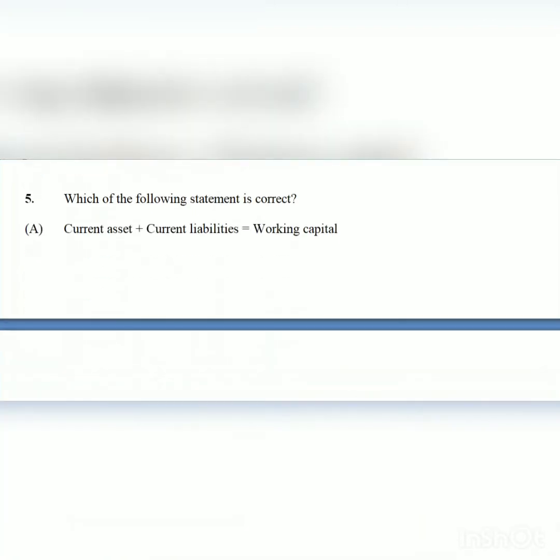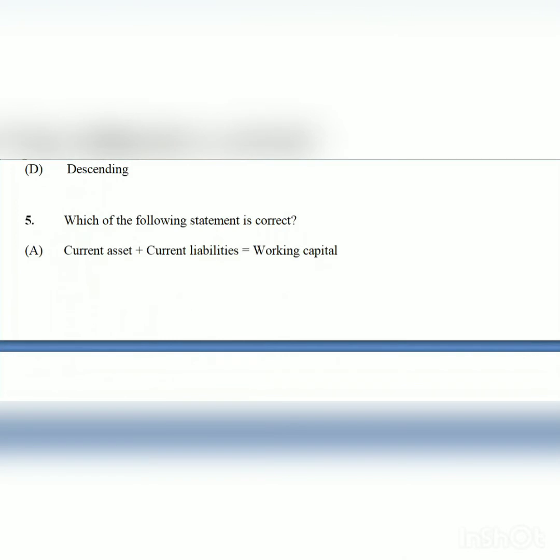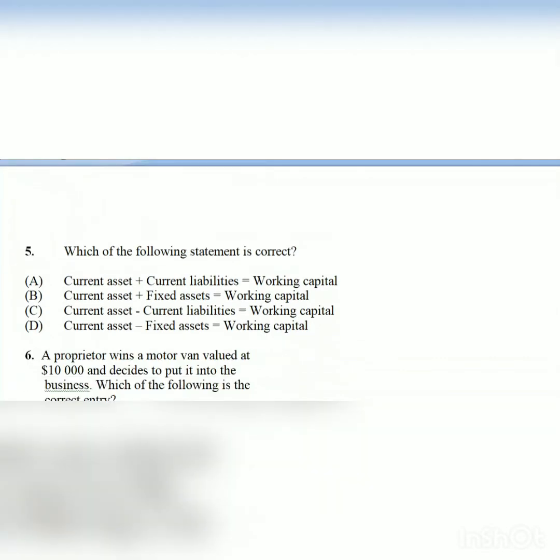Then we move to question 5. All right, I want to push this down to our next page so we can see the questions and the options all at once. Now, which of the following statements is correct? Basically, this question is asking you to find working capital. If you look at each option, basically they want to know if you know how to find the working capital.